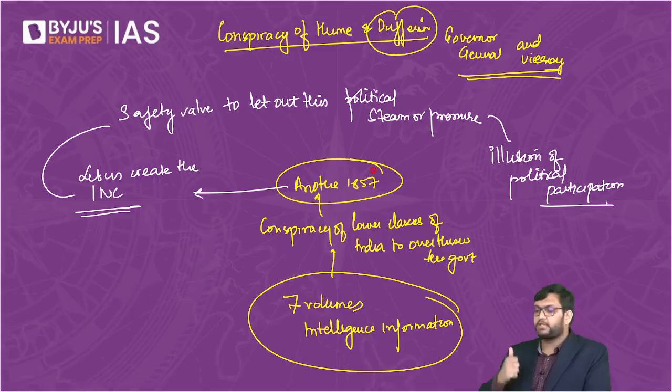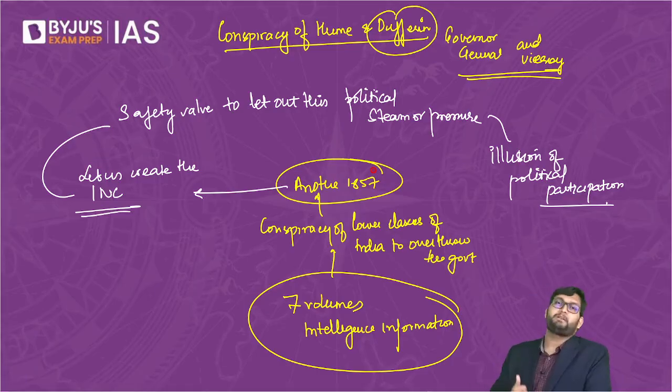He will put in a concept called the 7 volumes of intelligence, which was read by A.O. Hume, taken to Dufferin, and it was a conspiracy of Dufferin and A.O. Hume to create the INC as a form of, in a way, evading and avoiding another INC, giving a pan-Indian body to the Indians, which could act like an illusion of political participation, and it would be considered a conservative body.